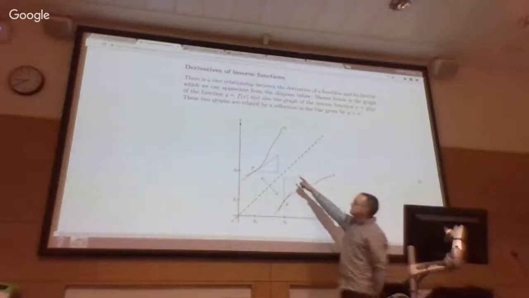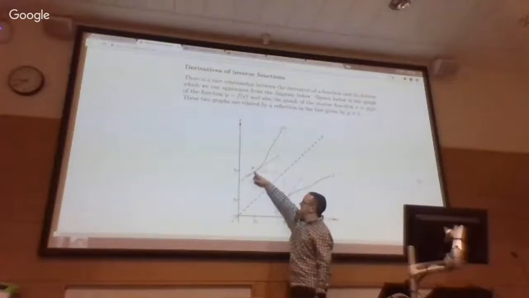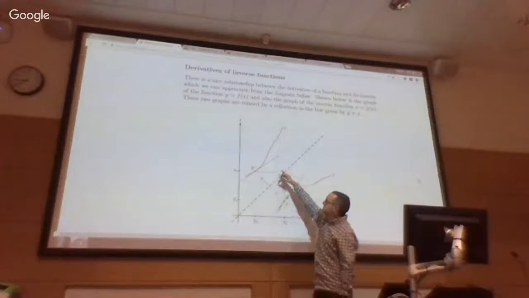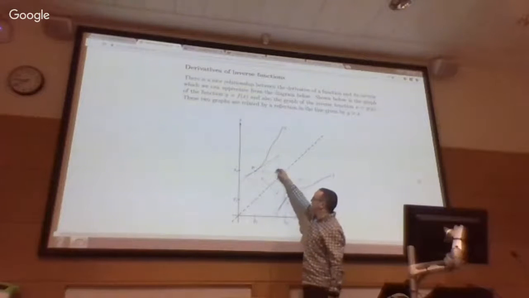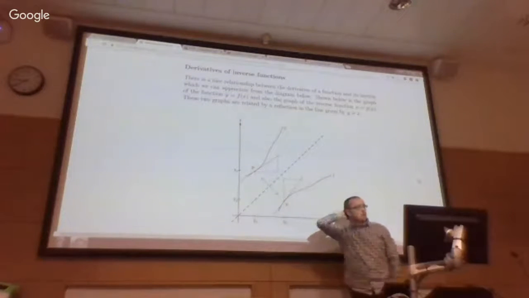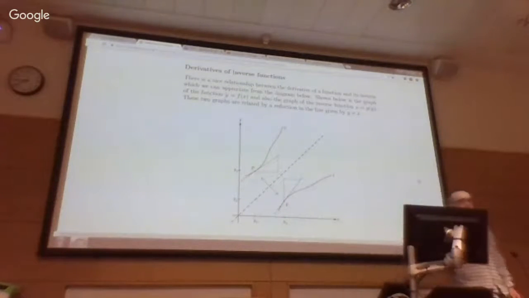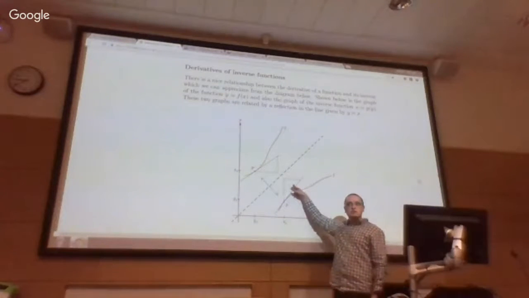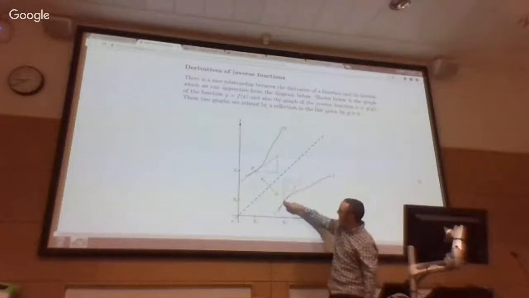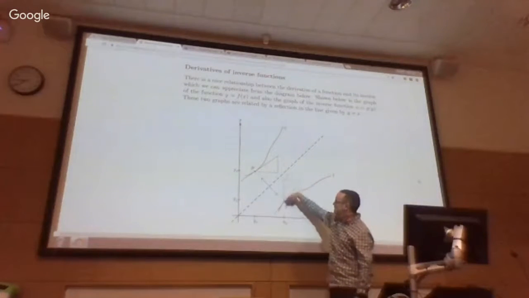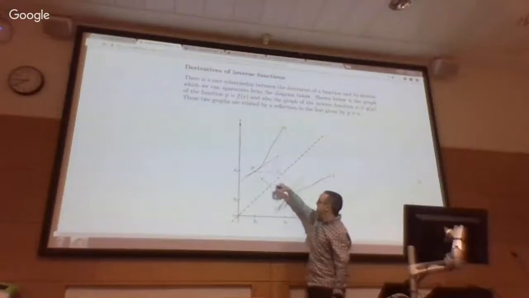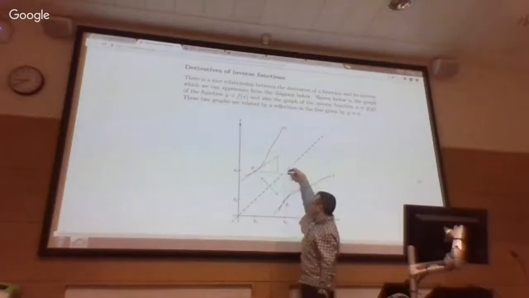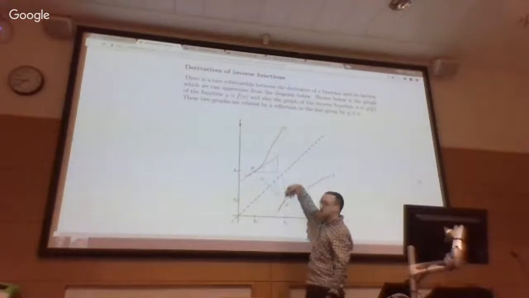So what's the gradient of this? And the tangent line becomes a tangent line to the graph of the inverse function. The gradient of the tangent line, again, will be the ratio of the length of the sides of that triangle. But that ratio is going to be the reciprocal of this ratio. Because this one, it's this long side here divided by this short side, vertical divided by horizontal. This gradient is the vertical, which was the short side here, divided by the horizontal, which was the long side.